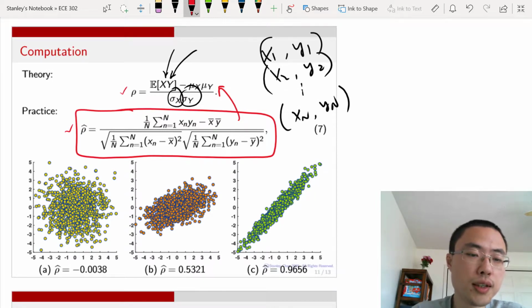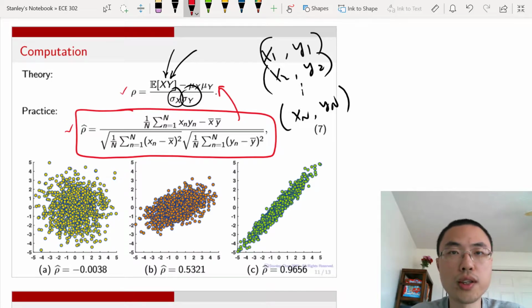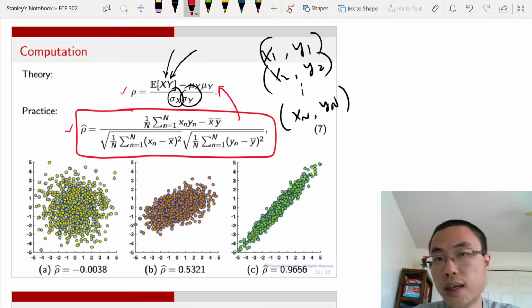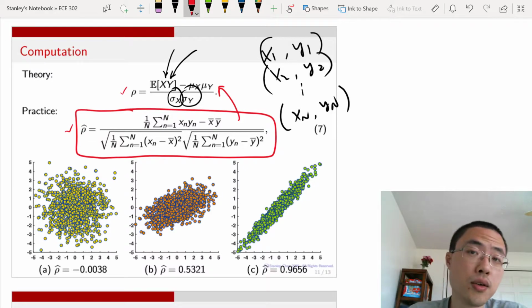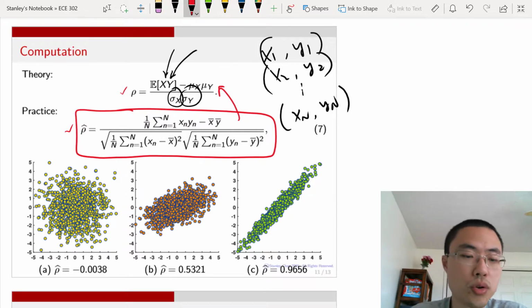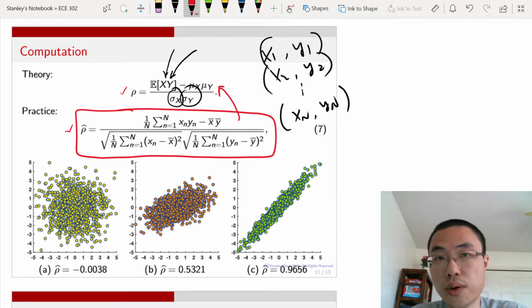Suppose you have a data set that has this kind of distribution, and you plot it into two-dimensional space. You can calculate the correlation coefficient and get a number of 0.0038. What does it mean? It means that the random variables x and y are almost uncorrelated because the correlation coefficient is close to 0. And you can see from this diagram that it is indeed the case.